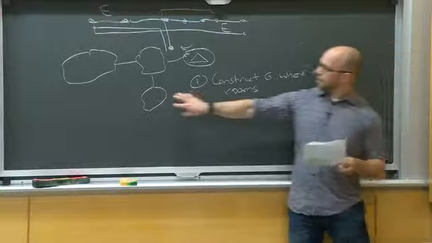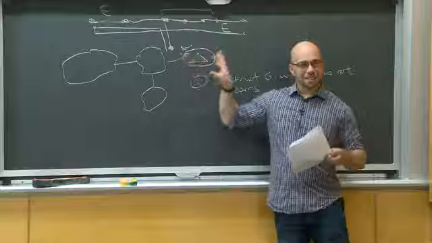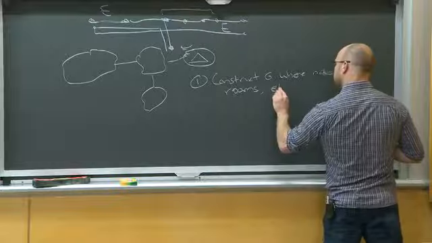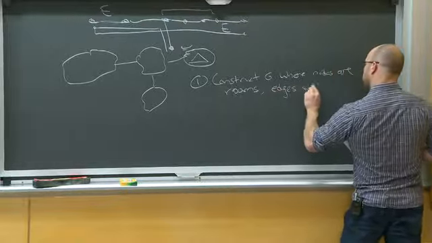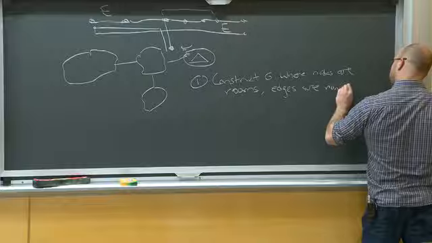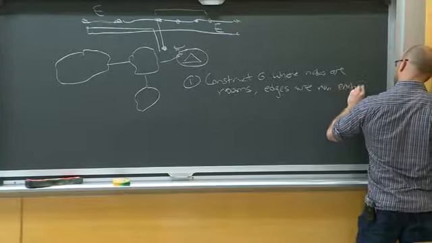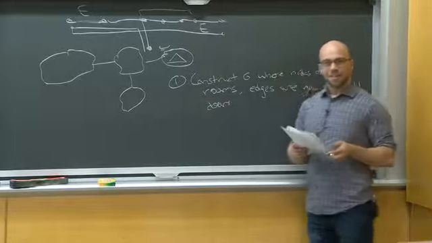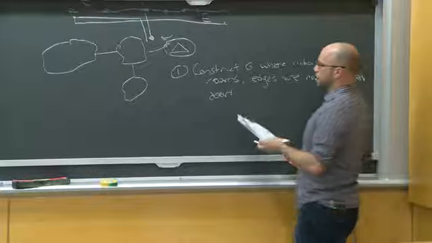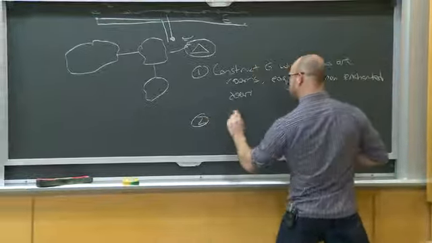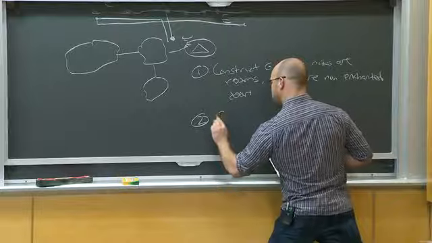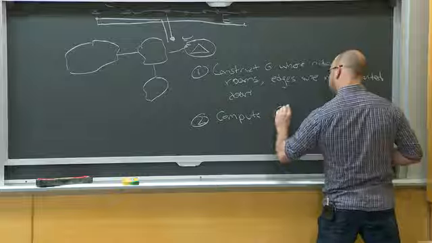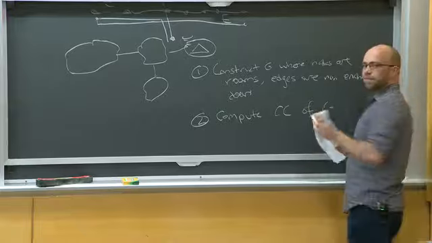Well, if I'm just trying to find these little clumps of rooms that I can visit for free if I get to any one of them, then the edges are the non-enchanted doors. Okay? And so now, in step 2, I'm going to compute my connected components, which we covered in lecture, the connected components of my graph G.